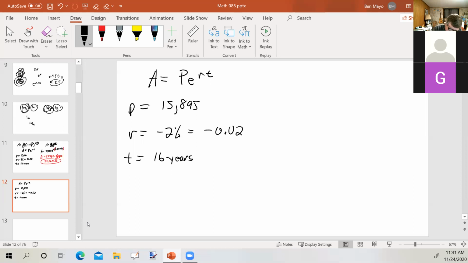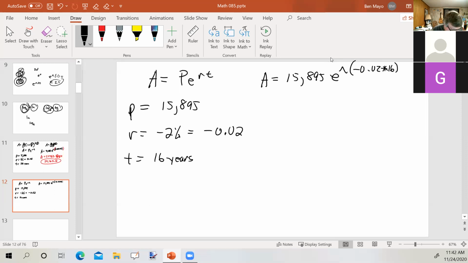So our final value, A, should be less than our initial value, P, because it's decaying at a rate of 2%. All right. So A equals 15,895 times E raised to the -0.02 times 16.